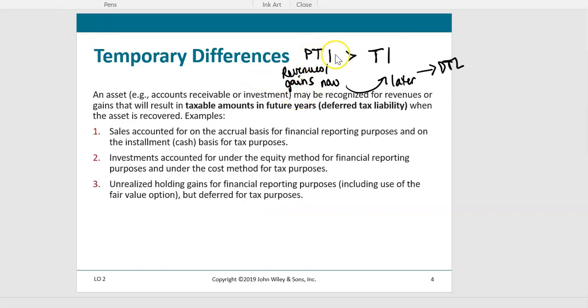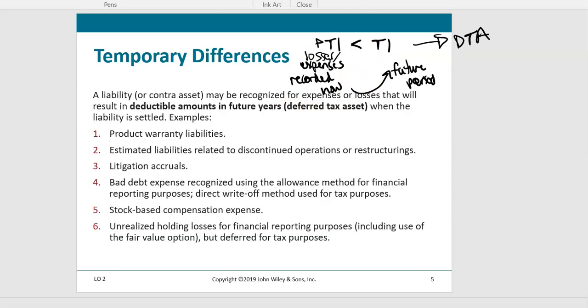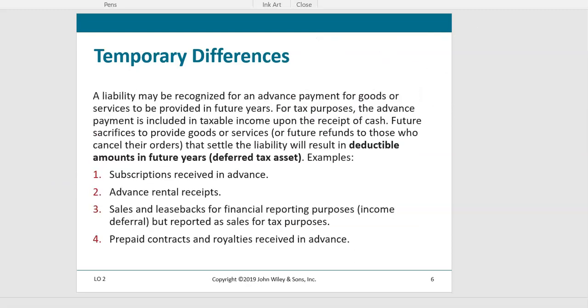Okay, so just to review, pre-tax income higher than taxable income because we have the revenues now. Pre-tax income lower than taxable income because we have expenses or losses now. Third scenario is when pre-tax income differs from taxable income because we have revenues recorded now under tax and revenues recorded later under pre-tax income.